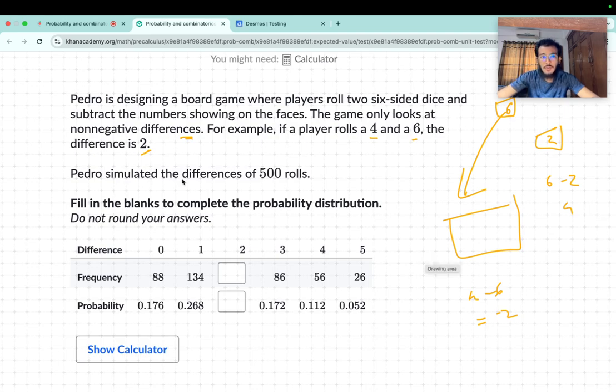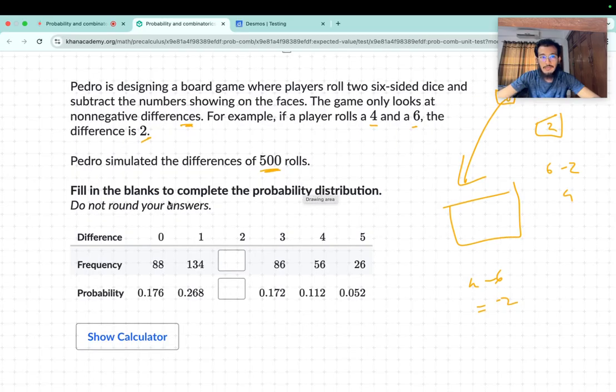All right, so Pedro simulated the differences of 500 rolls. Fill in the blanks to complete the probability distribution table. Do not round your answer. So, difference 0, frequency 88, probability is 0 point. Okay, so we have 500 rolls, right? So all of these must add up to 500.